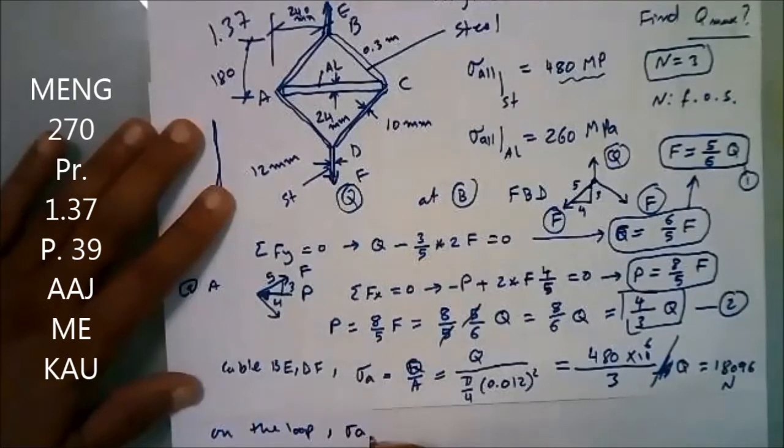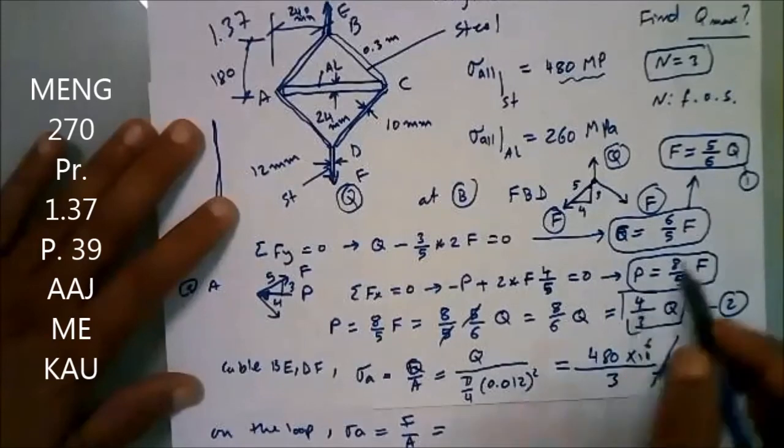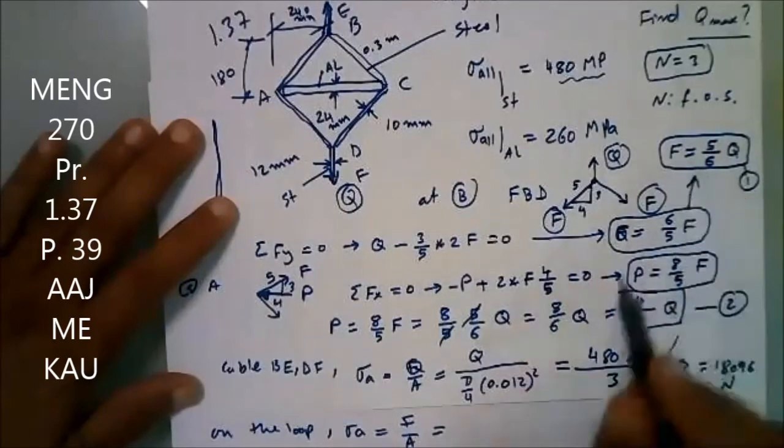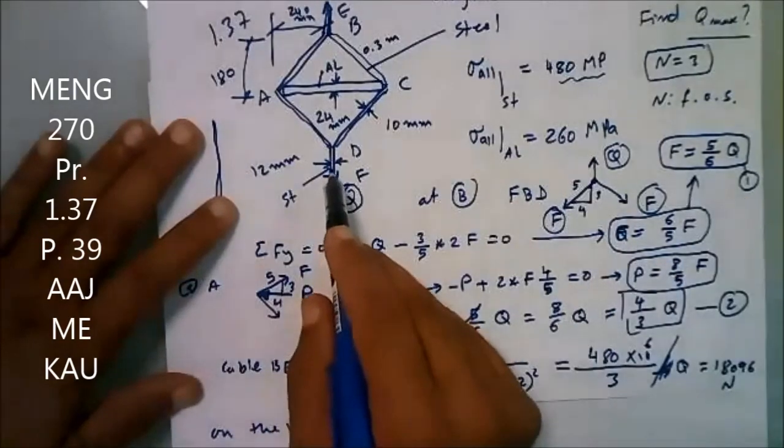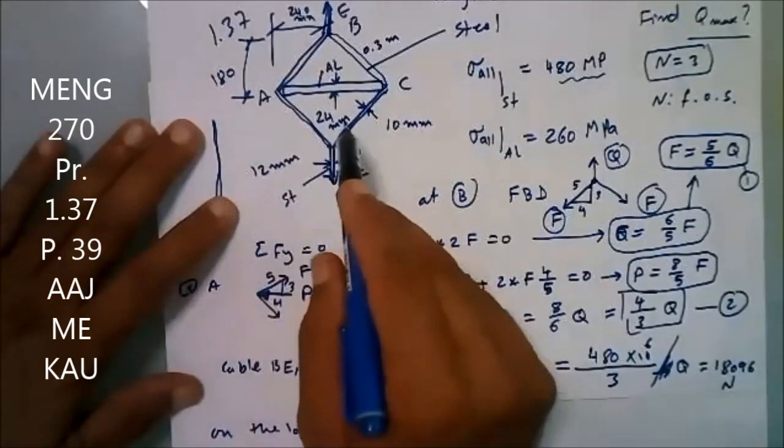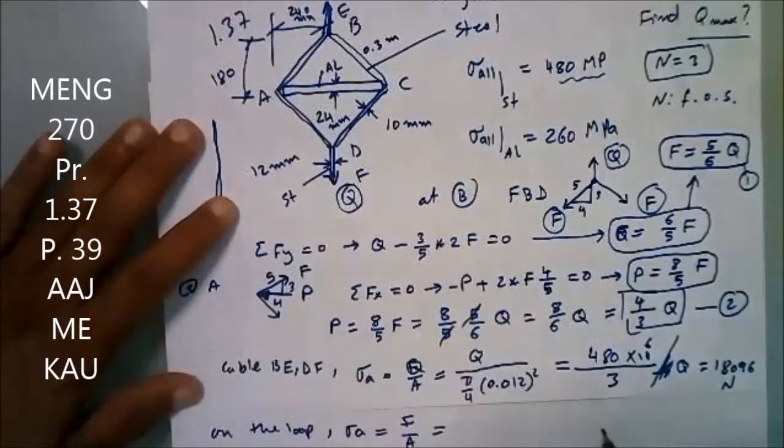Again, sigma A equals the force over the area. What is the force in the loop? This is the force in the loop, F. It's not Q. We have Q here, we have 2F there, and we have something else there.